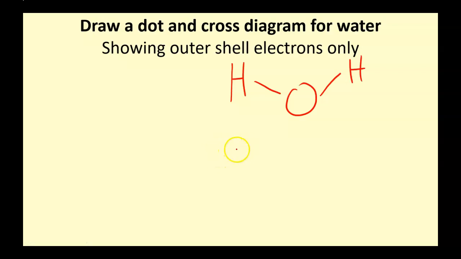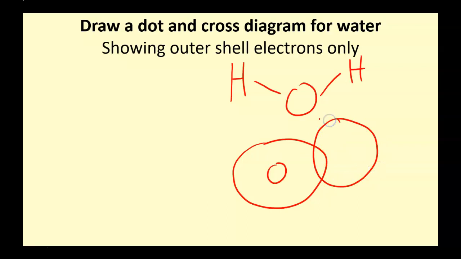So the next thing we could do is convert this into a dot and cross diagram. Let's put the oxygen in the middle. You can see there's a bond between the oxygen and hydrogen, so we could put 2 overlapping circles here. There's an oxygen-hydrogen bond here, so let's put 2 overlapping circles here and put a hydrogen here.